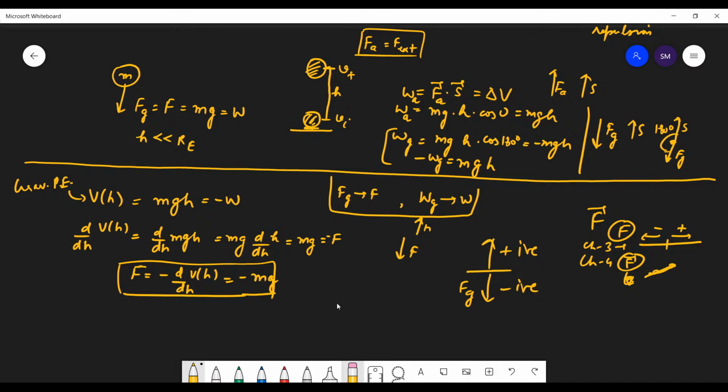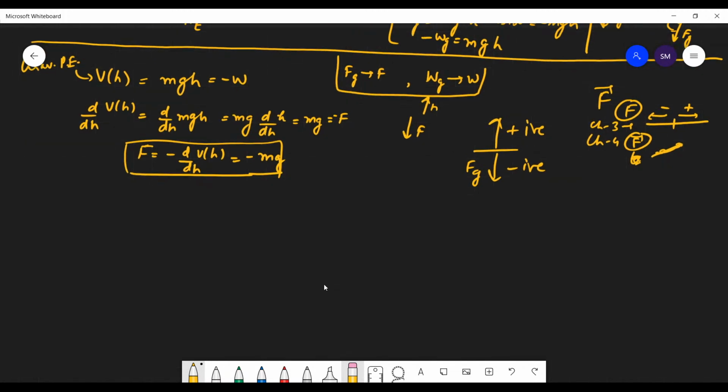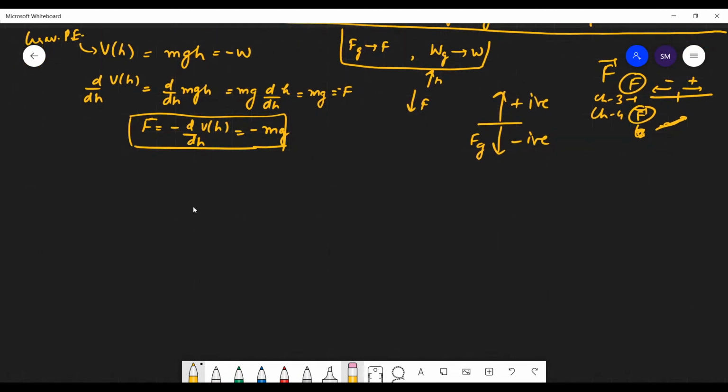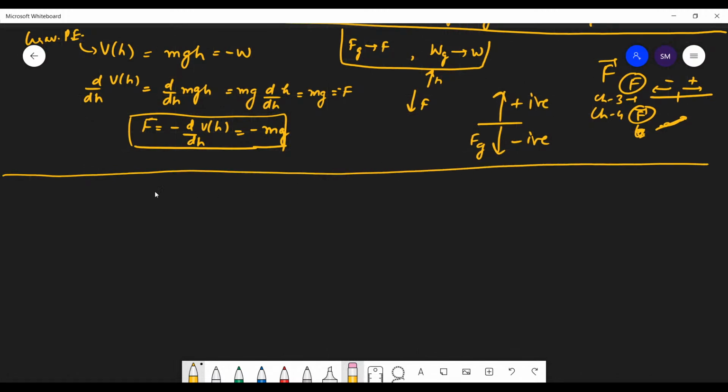Now we'll do a derivation. We'll derive an important result. So now the ball is released. The ball was at height h and it is released. This is my ground.